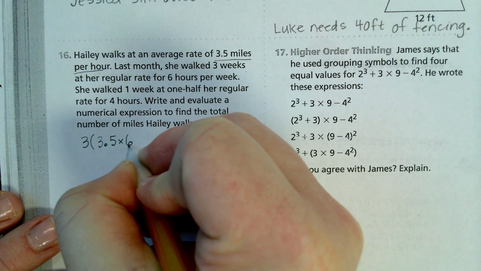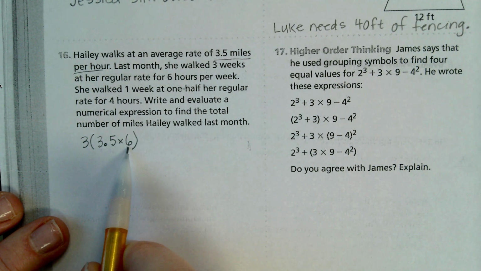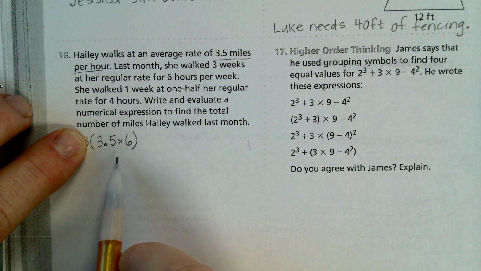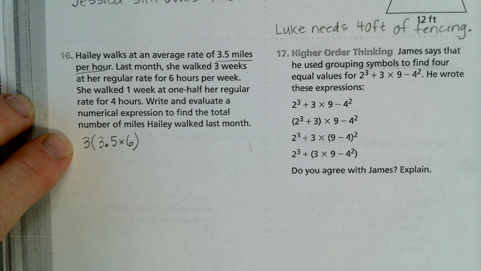And we're going to close that parentheses, okay? Because this is telling me her rate, okay, and her hours, and that would be how many weeks. If I took this away, that's just how many weeks. That's just 1 week, okay? Right here, Brandon, focus. That's just 1 week, okay? But how many weeks do they say she did this? 3. That's where my 3 comes from, okay?